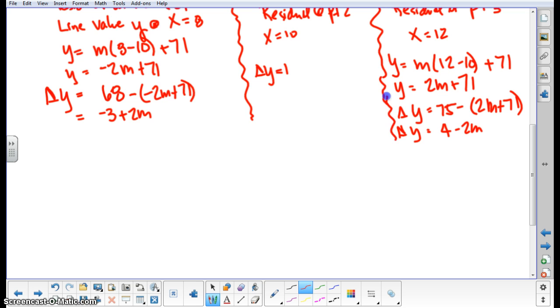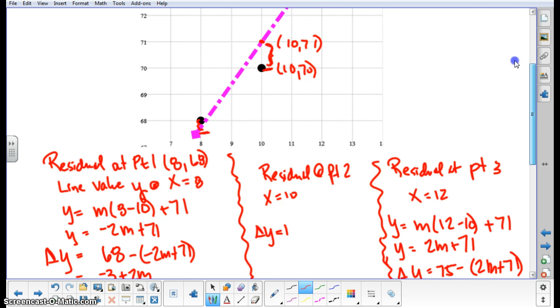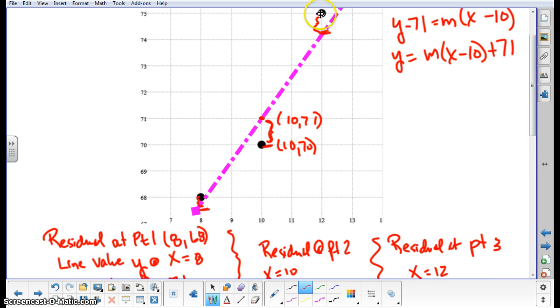Okay, now we have our three residuals, and we're going to set up a variable where we find the area of squares that are composed. I'll draw these little squares here. We played with this a little bit in class.